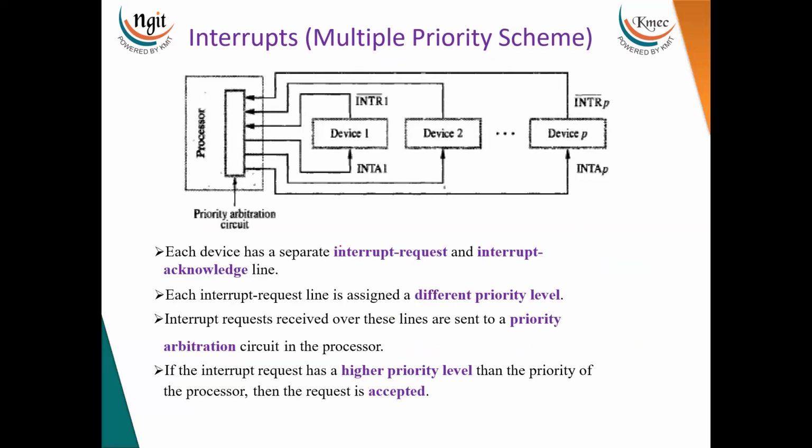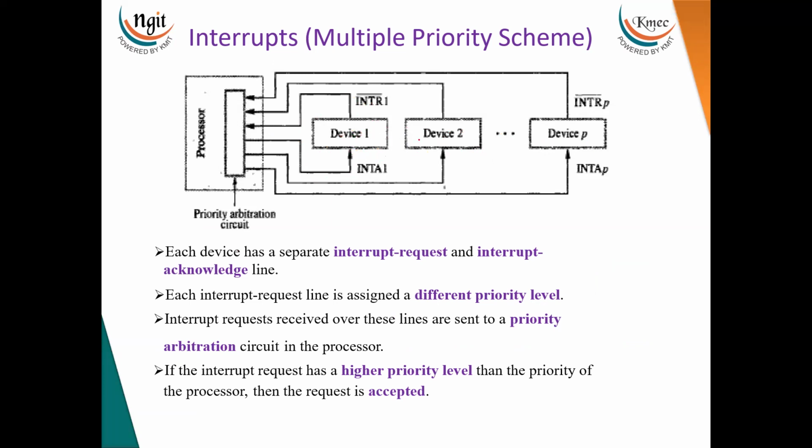Now, this is the diagram for the multiple priority scheme. If the devices are given priority, then how the processor will execute that interrupt, we will see in this topic. Now, device 1, device 2, up to device P are connected, and each device has its own interrupt request line and interrupt acknowledgement line.